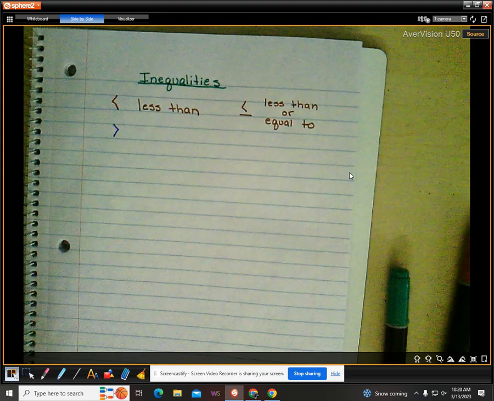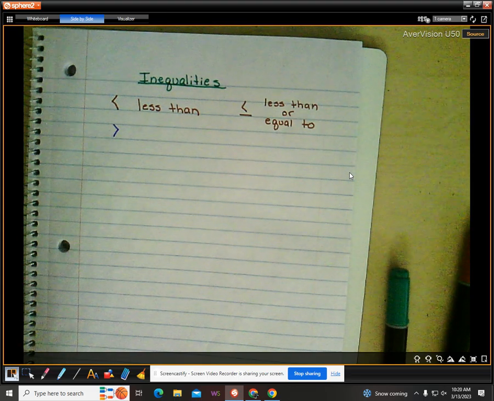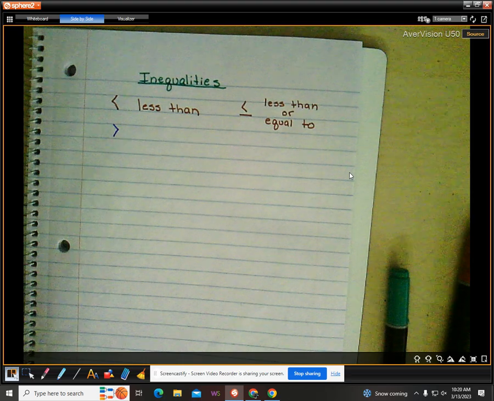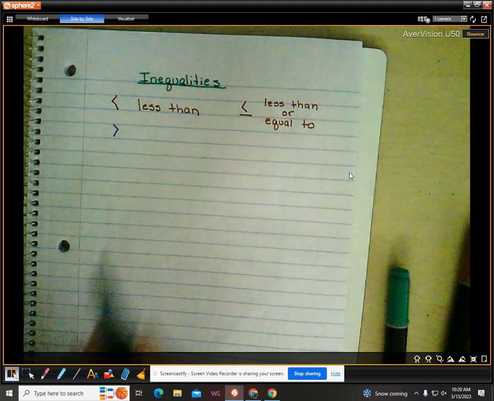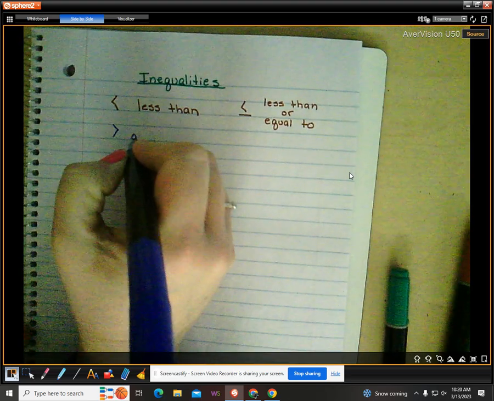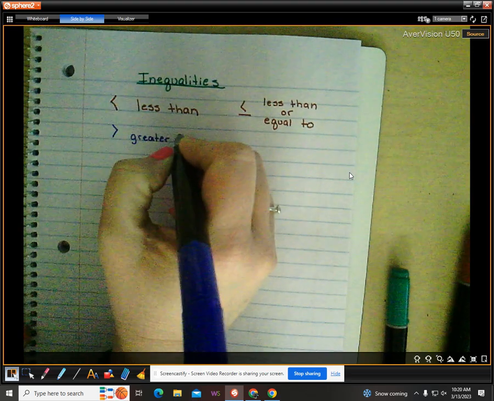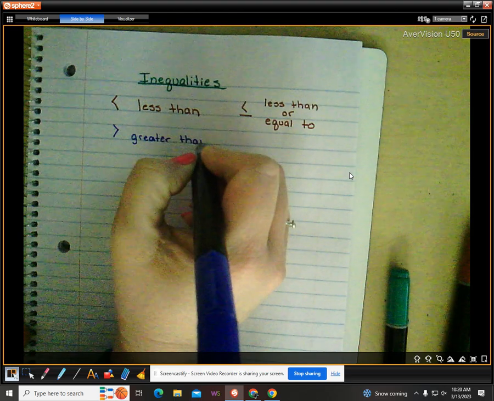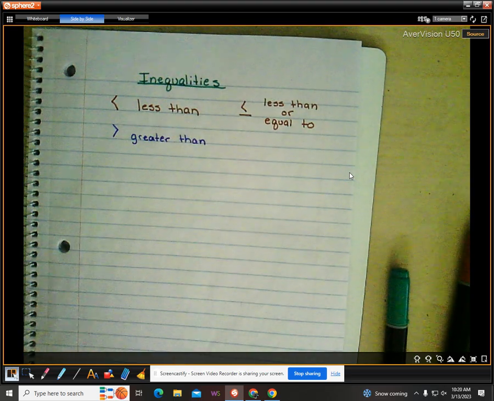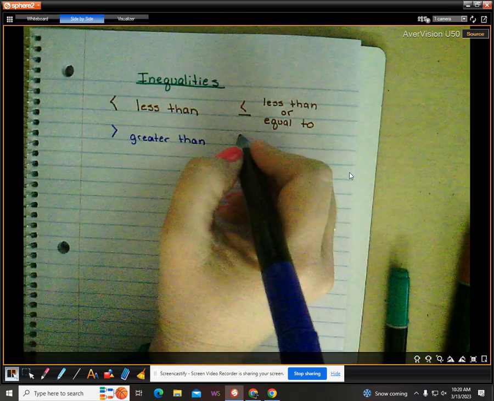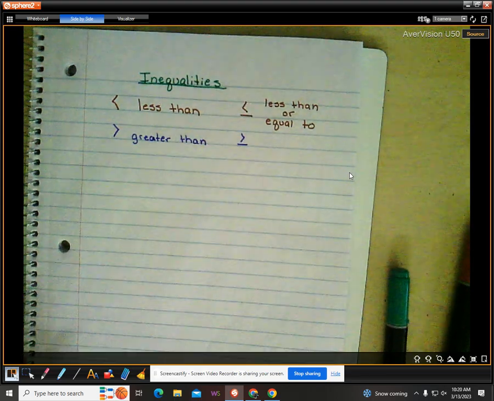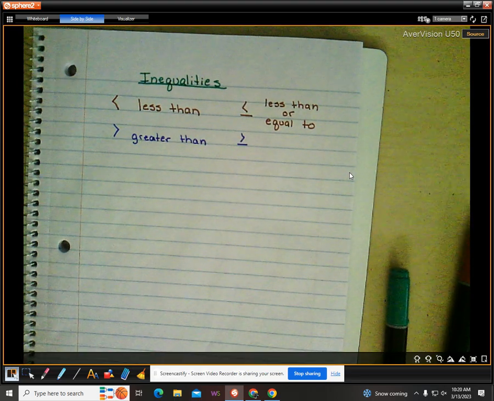This symbol, which we've used this year. What is this one? Ayanna? That one's greater than, absolutely. So using prior knowledge that I just taught you from the previous one, what might this one mean? Adam?